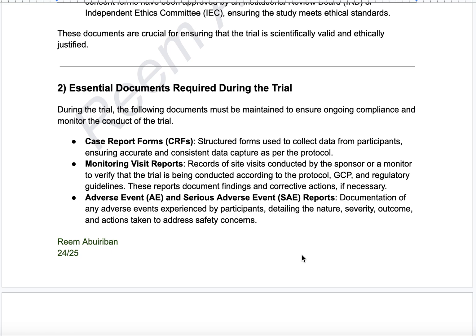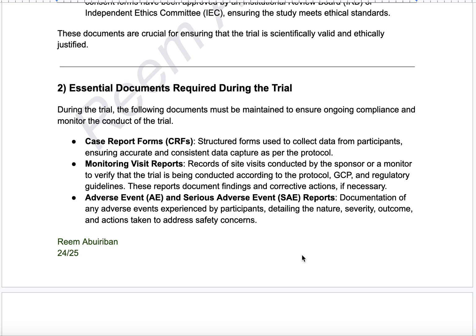Case report forms, structured forms used to collect data from participants, ensuring accurate and consistent data capture as per the protocol. Monitoring visit reports, records of site visits conducted by the sponsor or a monitor to verify the trial is being conducted according to the protocol, GCP, and regulatory guidelines.